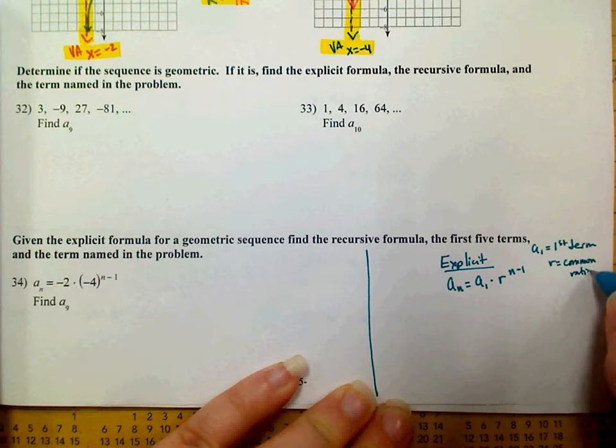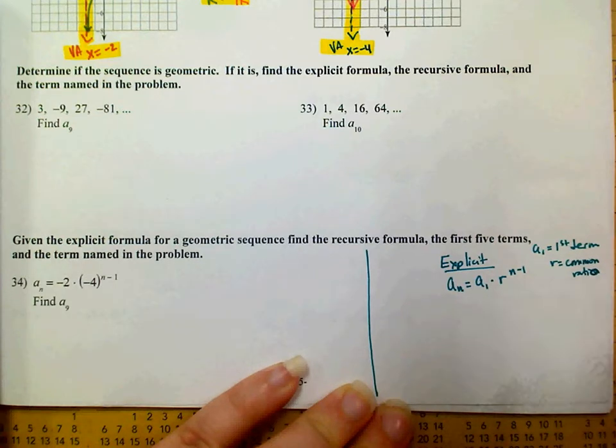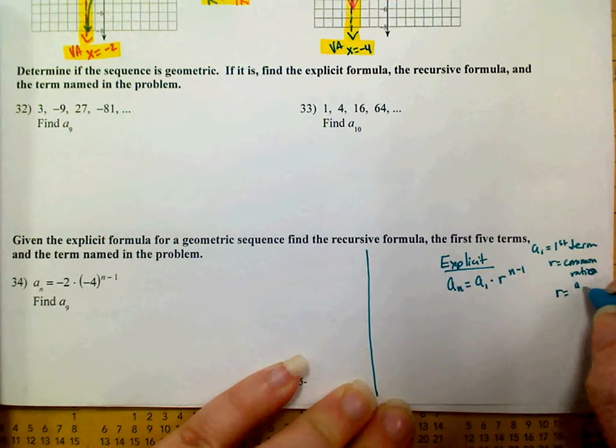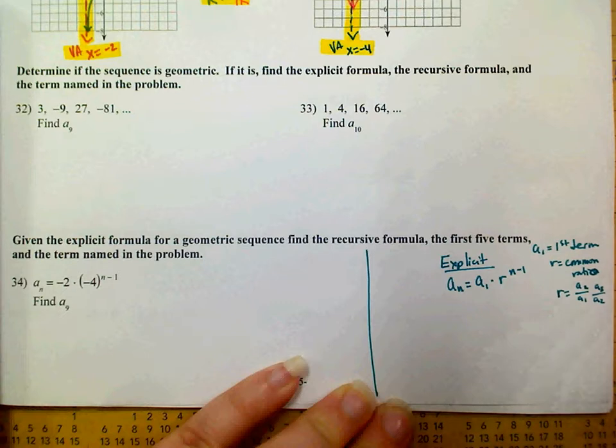Not ration, ratio. And we find r by always taking the second term and dividing it by the first, or the third term and dividing it by the second. So any term divided by its previous term, and that should be r.